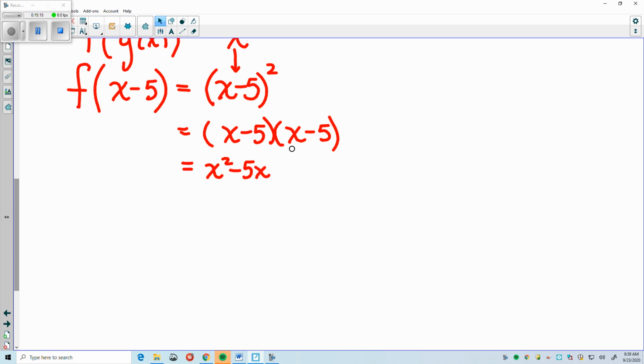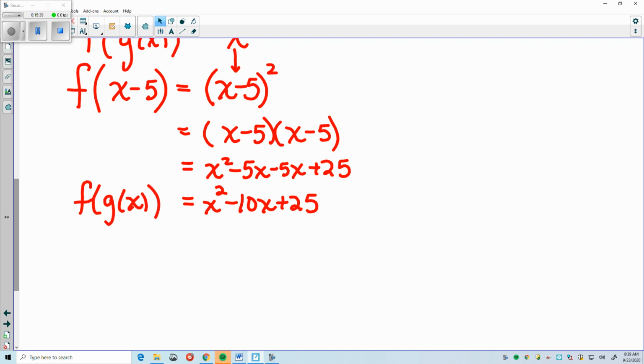My inside terms, -5 times x, again, is another -5x. And then my last terms, -5 times -5, is a positive 25. So if we simplify this up, I have x squared minus 10x plus 25, and that would give me my final answer for the f of g of x.